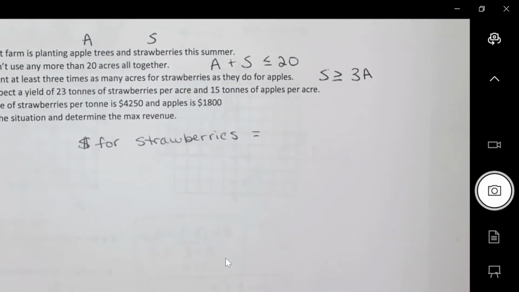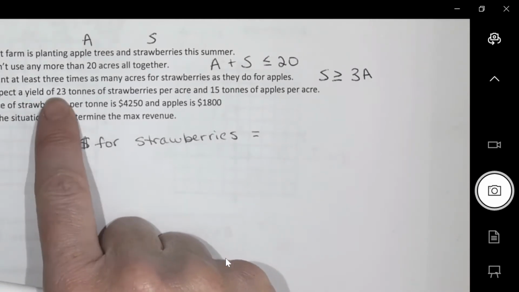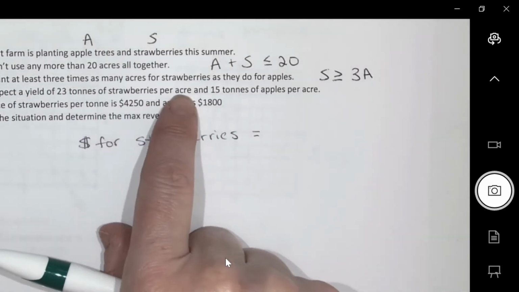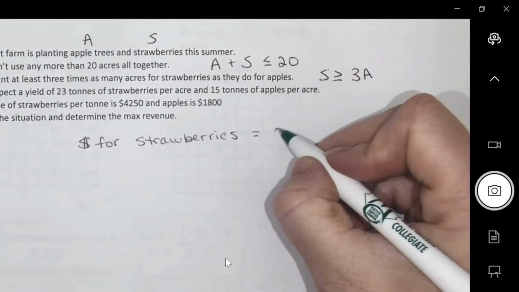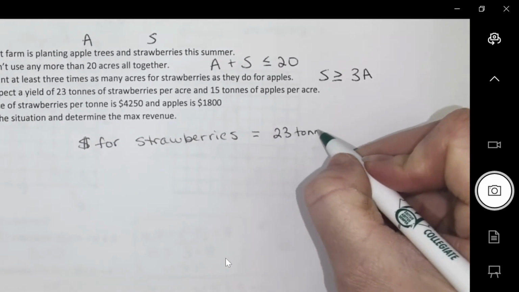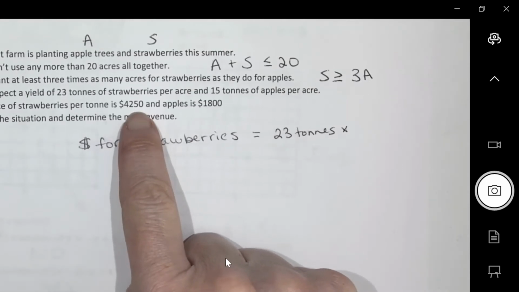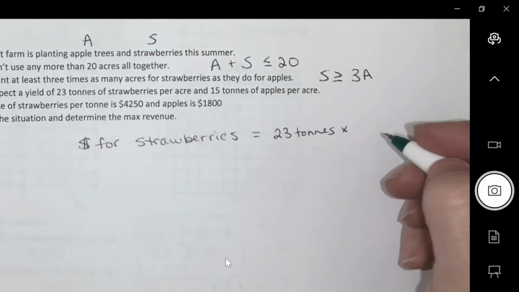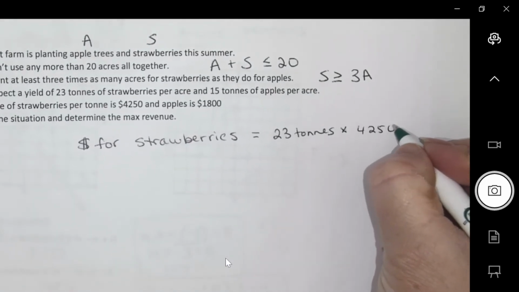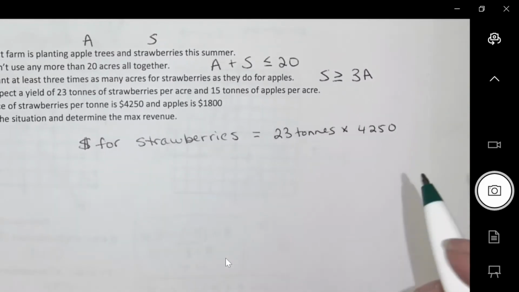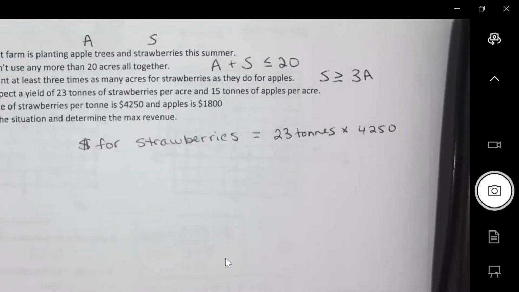Okay, let's talk about the money per strawberries. They get 23 tons per acre. And then they're going to make this much per ton. So how much money do they get for each?